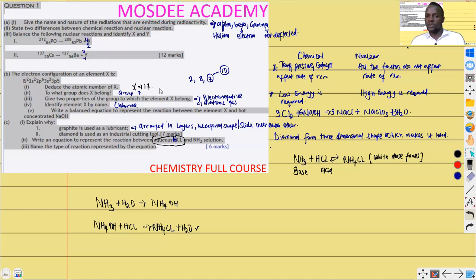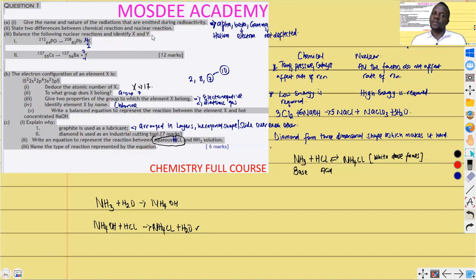The second one is numerical. It's a calculation. The solubility of potassium nitrate at 20 degrees Celsius was 3 moles per dm cube.